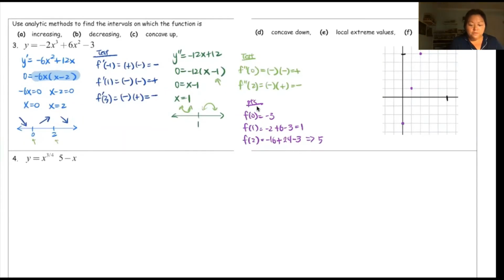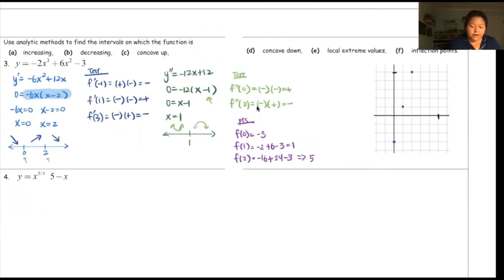So we need to know that your graph is decreasing. So my graph, based on my first derivative, was decreasing and then increasing and then decreasing like this, right? Furthermore, it is concaving up here. And then at 1, it changes, so it concaves down this way. Okay, so I kind of have an idea now.